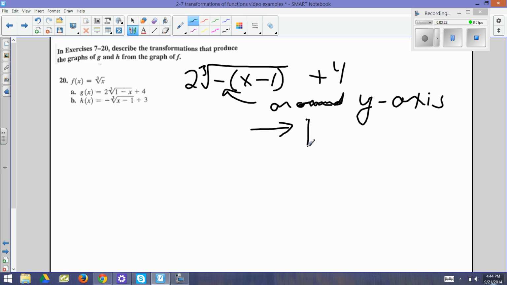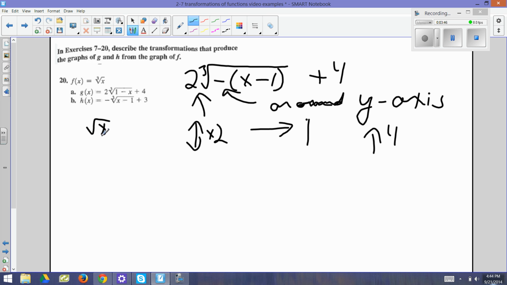The plus 4 would be up 4. This 2 would stretch vertically by a factor of 2. So it's around the y-axis, stretch vertically by a factor of 2, 1 to the right, and 4 up.